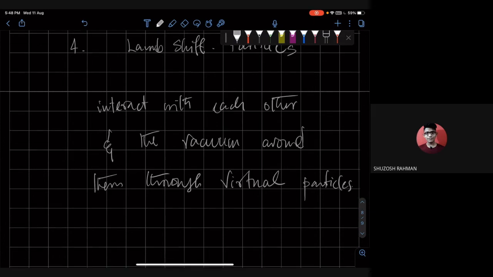So quantum mechanics isn't powerful enough; you need quantum field theory, and very sophisticated quantum field theory, to be able to explain the Lamb shift, okay?